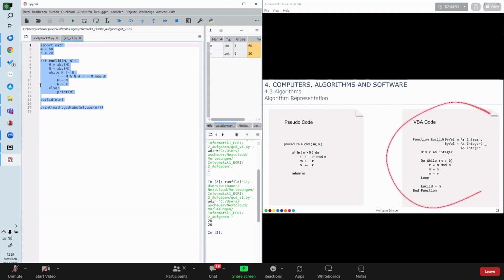And then you're either going to someone who knows how to code VBA, or you're going to someone who knows how to code Python, or you're going to someone who knows how to code C#, and they will then create out of your pseudocode respective VBA code or Python code or C# code.